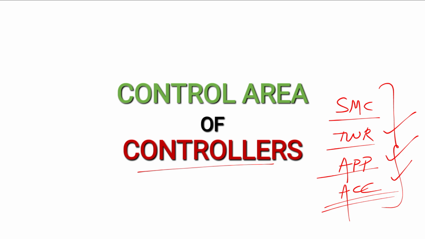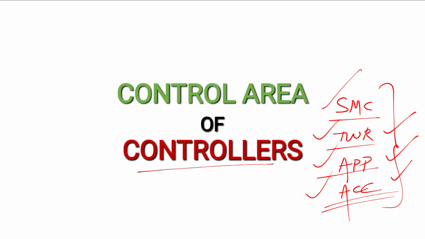For that, the Airport Authority of India has provided four controllers: surface movement control, aerodrome traffic control, approach control, and area control center. These four controllers are given airspace, and they control the movement of aircraft within their airspace.